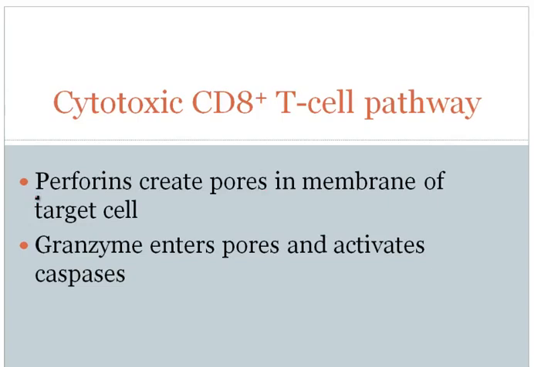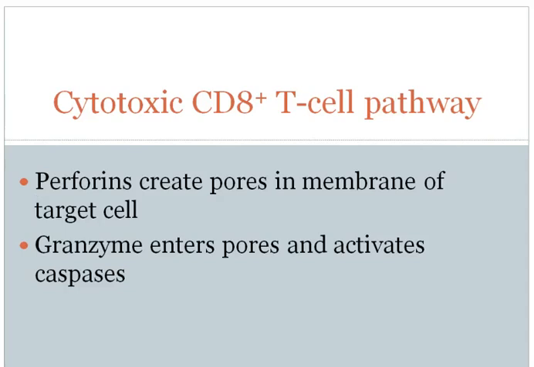And the third pathway by which caspases can be activated is the cytotoxic CD8 positive T cell pathway. Now, recall that CD8 positive T cells recognize antigen present on MHC class 1, and when they bind and recognize that antigen on MHC class 1, they kill the cell that expresses the antigen. And the way by which they kill the cell is apoptosis. So what happens is the CD8 positive T cell, once it recognizes its antigen and gets the appropriate signal, will actually secrete something called a perforin.